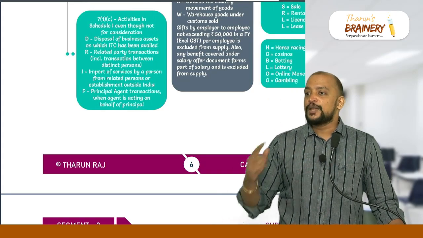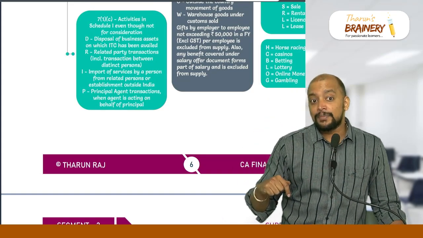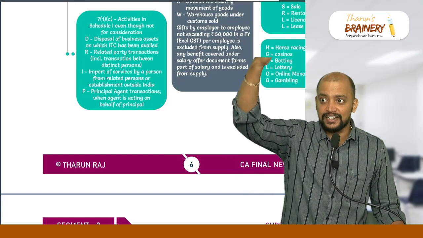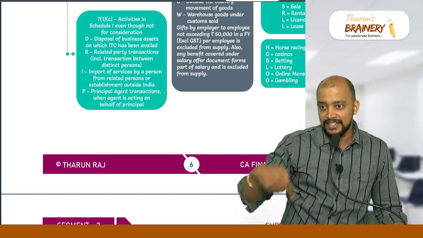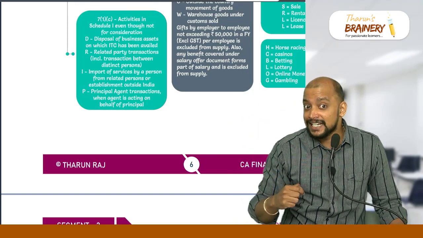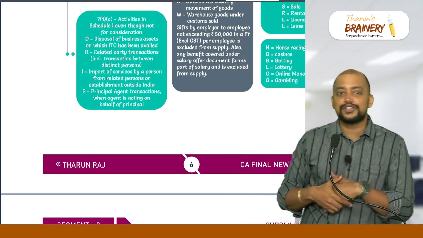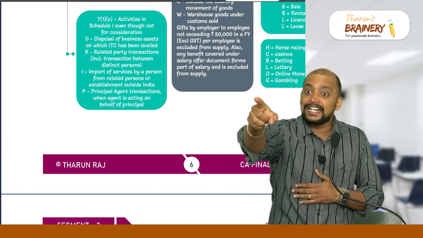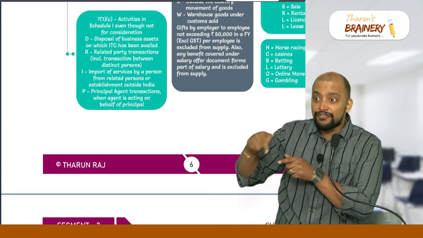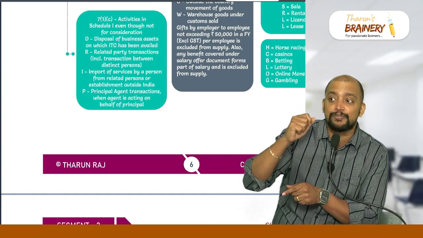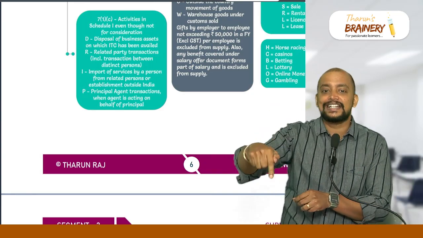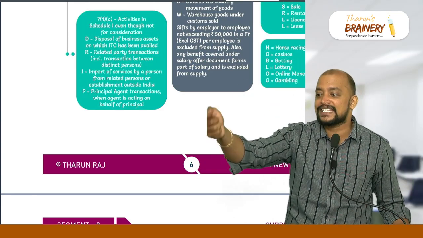Now, import of service from a related person, a holding subsidiary related person, for consideration or without consideration? Without consideration, because I am getting the software for free, but indirectly there is consideration flowing from India to abroad in the form of share of profit. That's why they are telling it is supply under 7(1)(c).